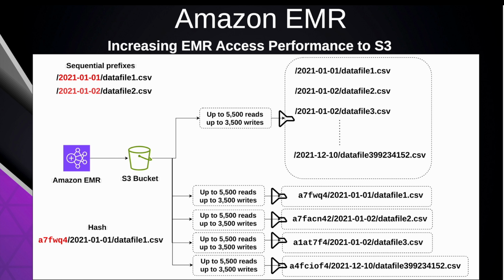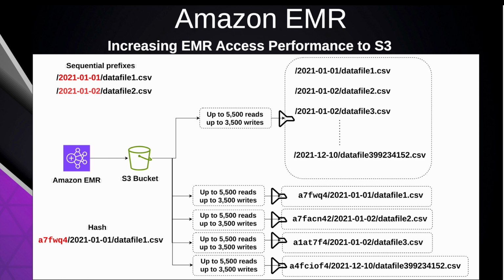Things can slow down. When you use a hash function to create object names or prefixes, it mixes up the names so they appear random. For example, instead of storing files in sequences like 20210101, a hash function might change this name to something like A7F4/2021, etc. This randomness spreads the files across different areas of the S3 infrastructure, just like spreading out the crowd at multiple doors rather than one.